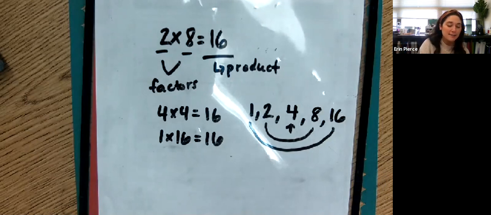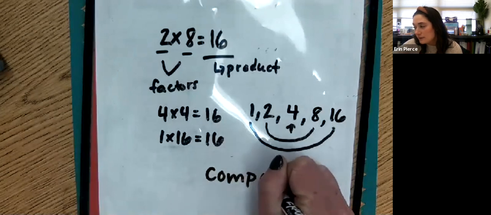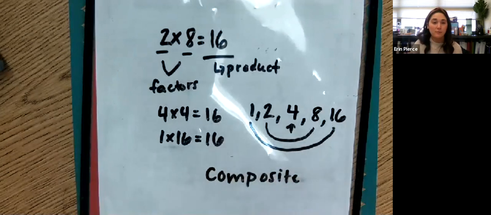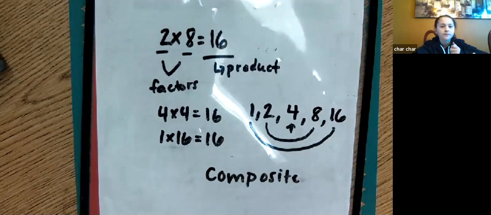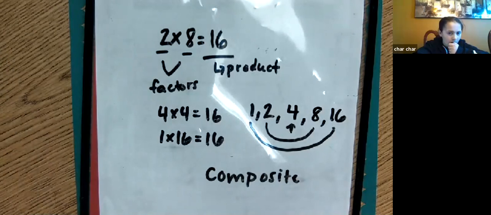So I can say that 16 is a composite number because it has 3 or more factors. It has more than 2, okay?